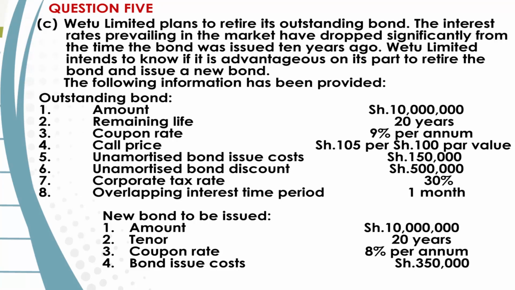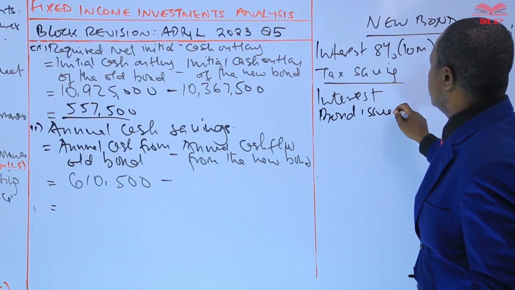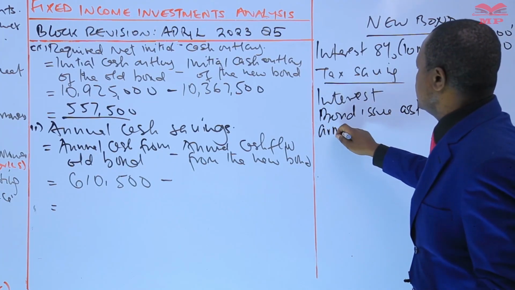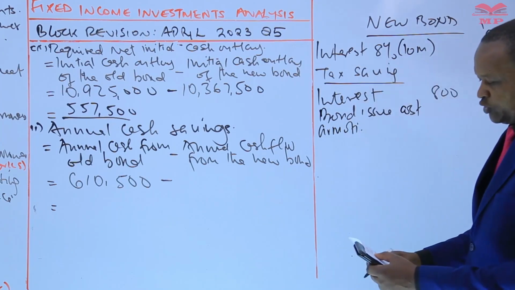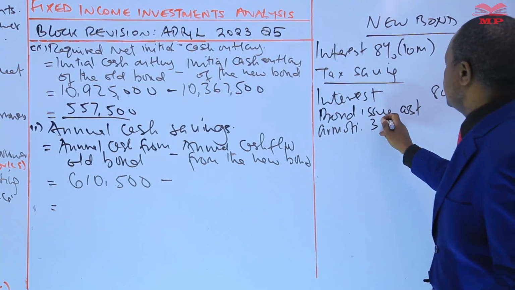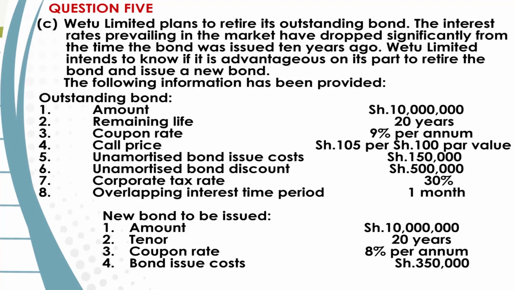We then add the amortization of bond issue costs. The total bond issue cost is 350,000. We are going to divide this 350 by the tenor.